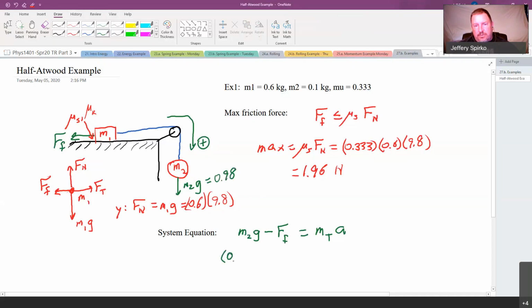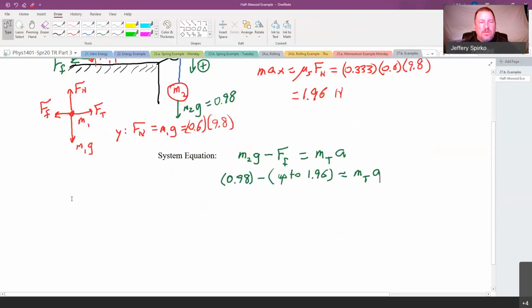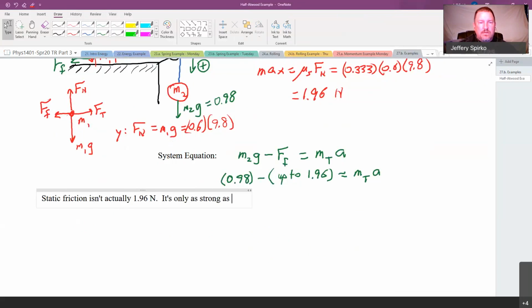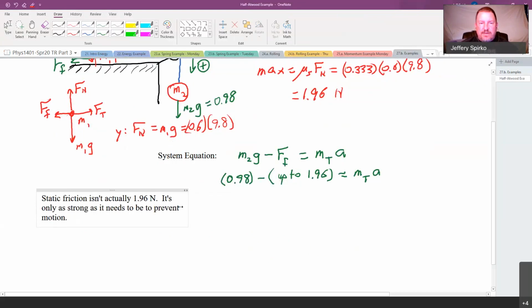And let's take a look at this. 0.98 minus 1.96 is equal to M total A. When we think about static friction, you have to remember that the static friction maximum is that number we calculate by mu times the normal force, but the actual force is only as strong as it needs to be.